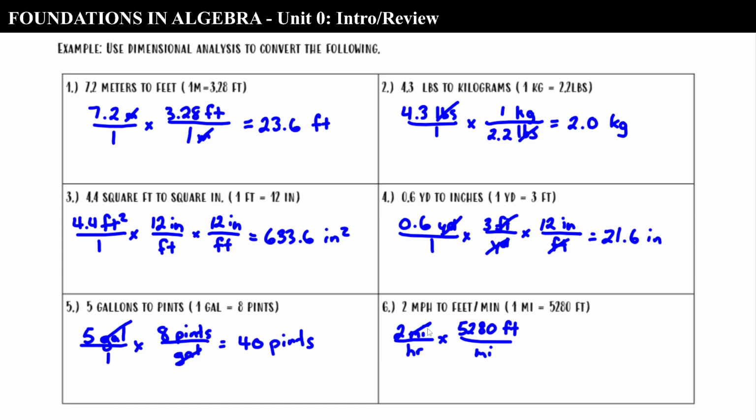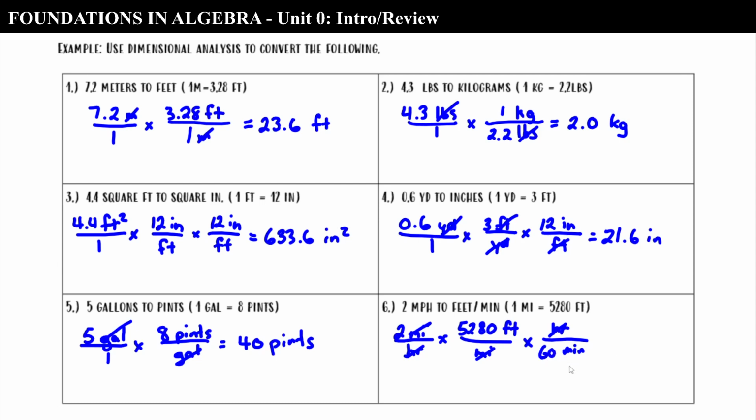So our miles cancel, and we're left with feet. So we're good. But we also need to convert hours to minutes. We're going to put hours on top because we want our hours to cancel. There are 60 minutes in an hour.